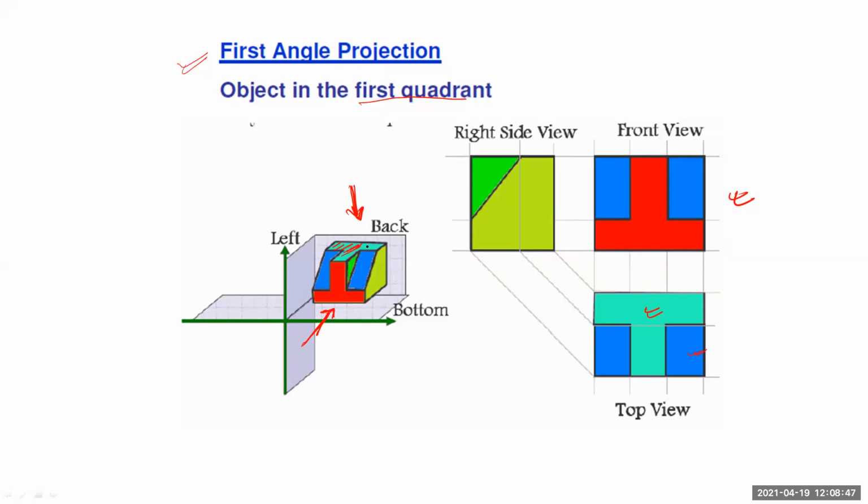So this portion you will be able to see from the top view, along with this green color also. Now when you look at this object from the side view, what are the faces that you will be able to see? Let me change this color. Yes, this green color face along with this face, these two faces you will be able to see in your side view. Okay.